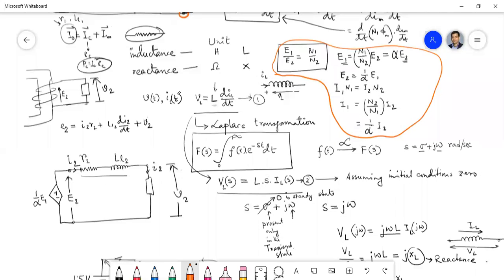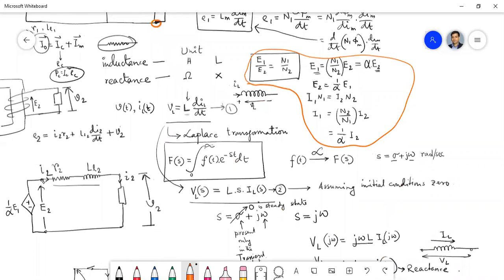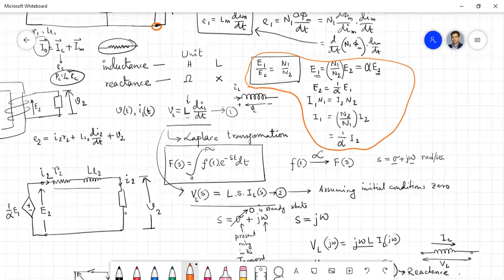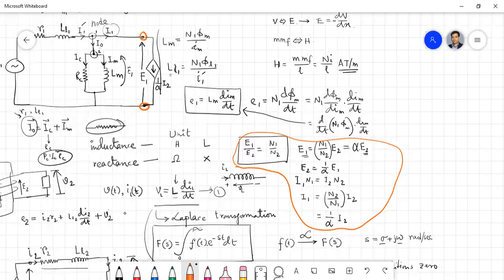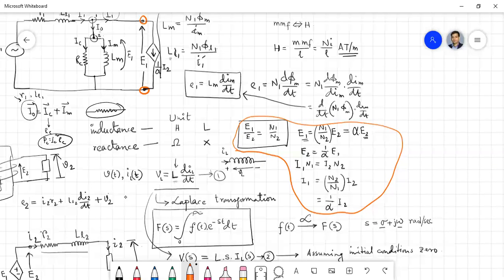That means these two voltages are not the same. Not only that, in the primary the output current is I1, but here at the input you have I2 current. So they are also not the same. That is the problem of joining these two circuits together. Neither the voltage nor the current are the same. If they were the same, only then could we connect these two circuits together.